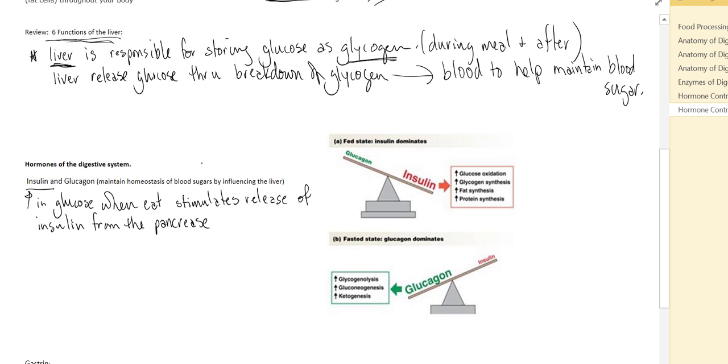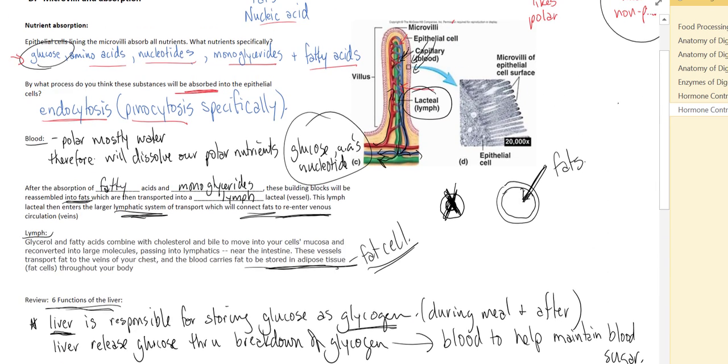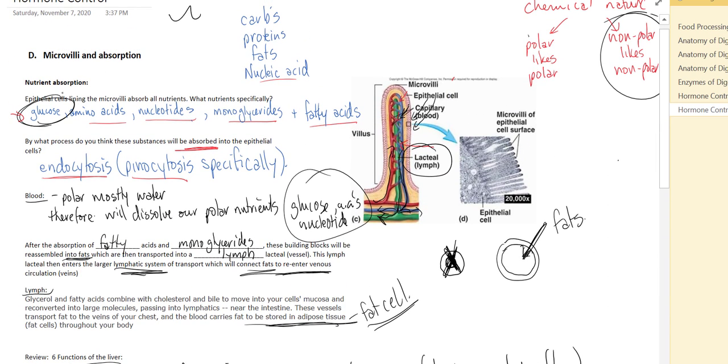So like other hormones, insulin is a chemical messenger within the body. And so specifically, it has a number of effects which will help to take up glucose from our bloodstream. As we indicated up above, glucose is going to be absorbed into the bloodstream.